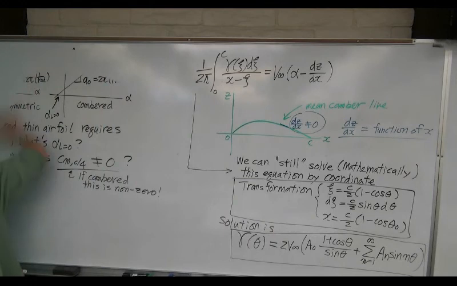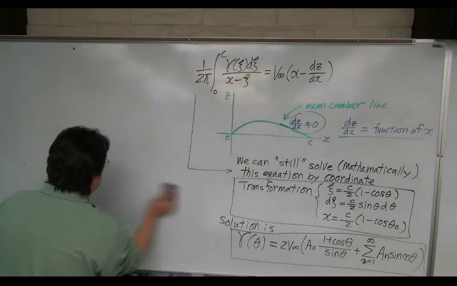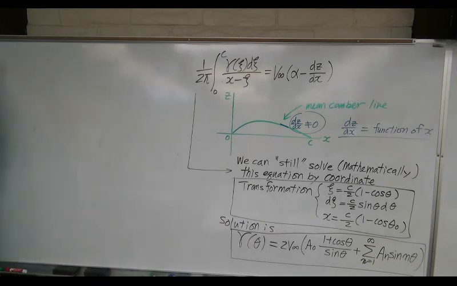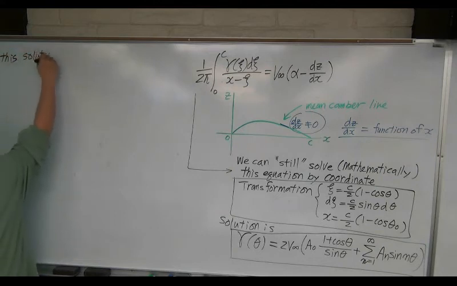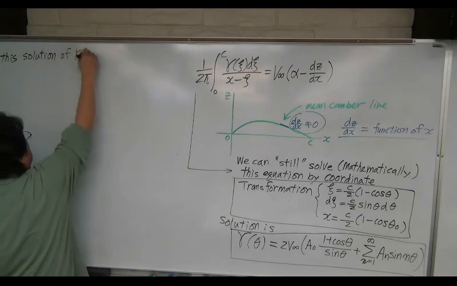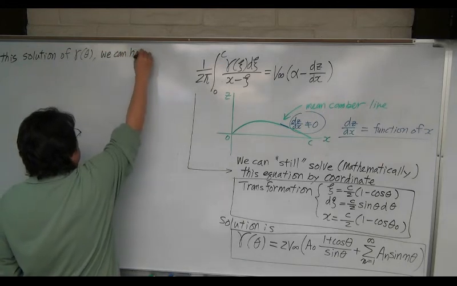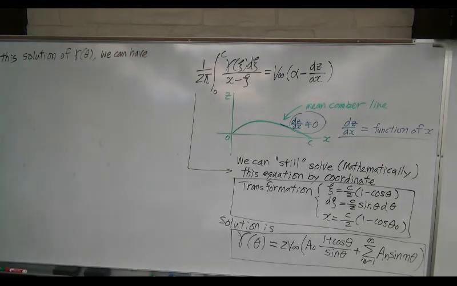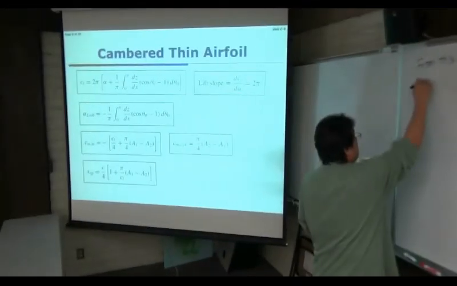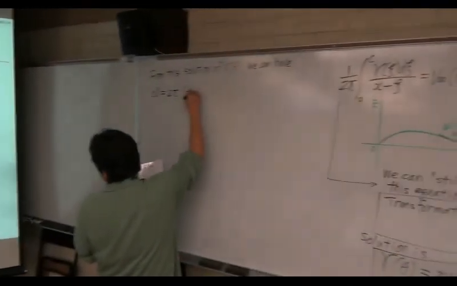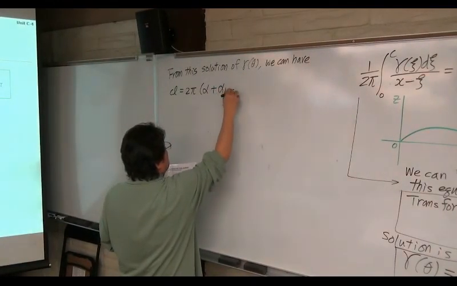Then we're going to do the same thing. Starting from this solution of gamma as a function of theta, we can have the following, which is given here. First of all, CL is equal to 2 pi, alpha plus alpha 0 left.